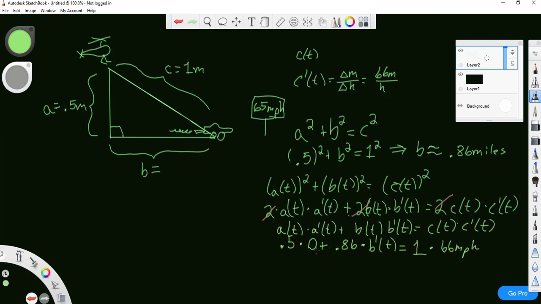Alright, so if we clean this up, well, that's going to be 0. So we're going to be left with 0.86 B prime of t equals 66. Divide both sides by that 0.86.